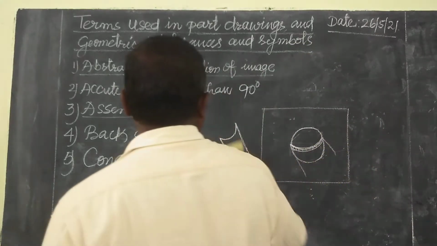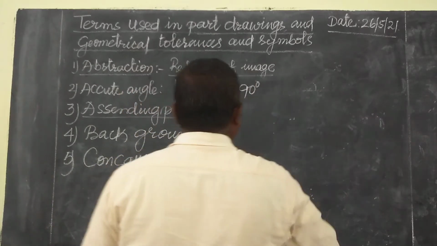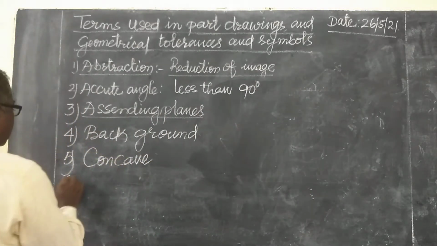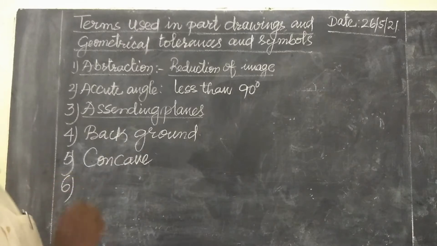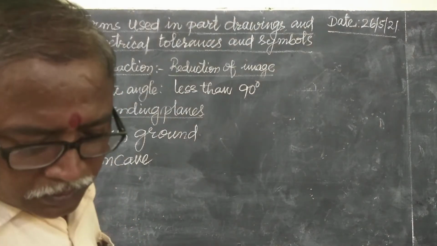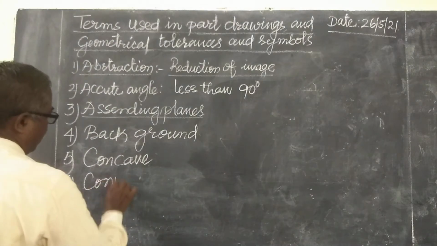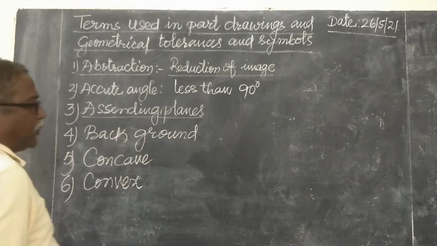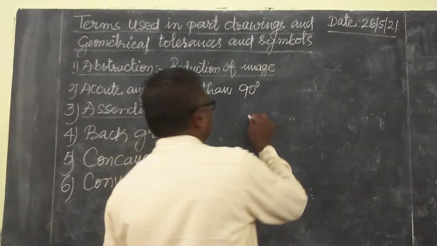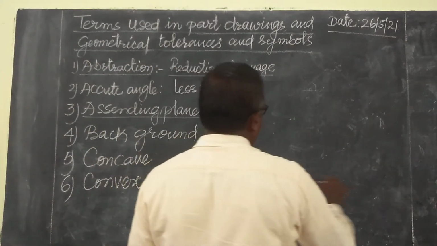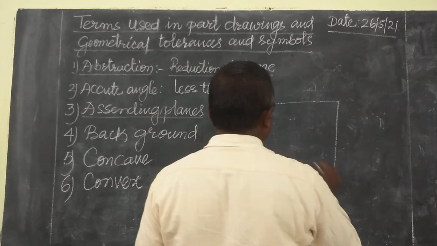Then the sixth one is convex. So what is the convex? The same drawing will be there.